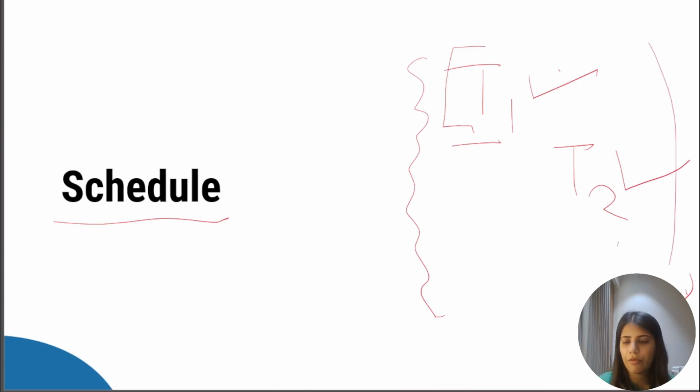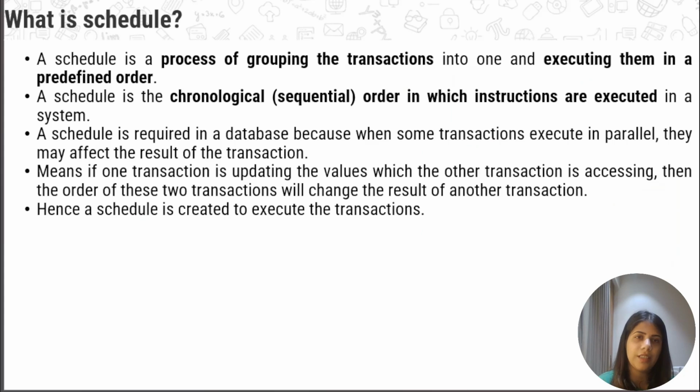This was just an overview. Let's understand this in more detail. A schedule is a process of grouping the transactions into one and executing them in a predefined order. Like I said, a predefined sequence. A schedule is the chronological sequential order in which instructions are executed in a system.